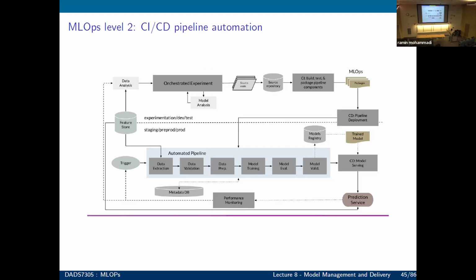The automated pipeline is the same thing replicated. But after the source repository, where your code goes to your GitHub, that's where you will have CI, continuous integration, where the idea is that it will build and test the source code. And if everything passed, then it will package that code and send it to a CD pipeline.